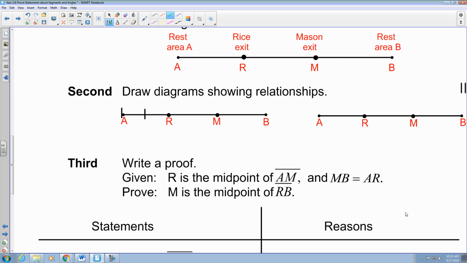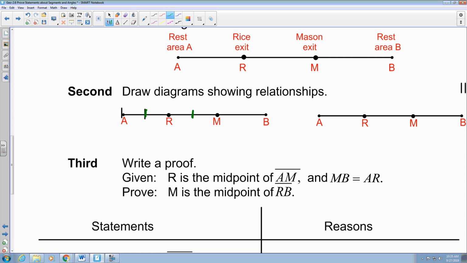So what we have is a given. They're telling you that the midpoint is R, which is for line segment AM. So I can say that these two are equal. Then we can say MB is equal to AR.